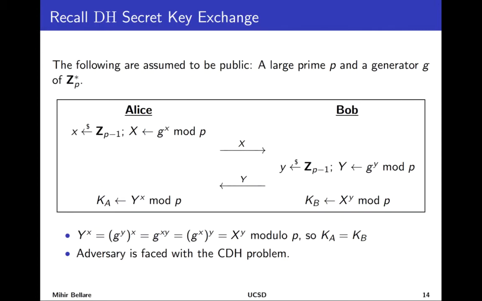And it turns out that the discrete log problem doesn't lend itself to public key encryption, but something very close does, which is the computational Diffie-Hellman problem that underlies the Diffie-Hellman secret key exchange. So we're going to go back to that key exchange and see how we can quite readily turn that into a public key encryption scheme.